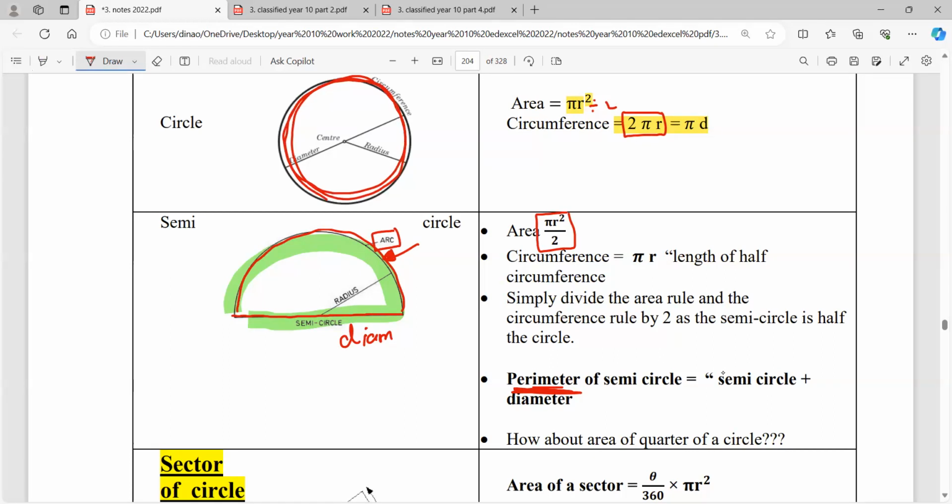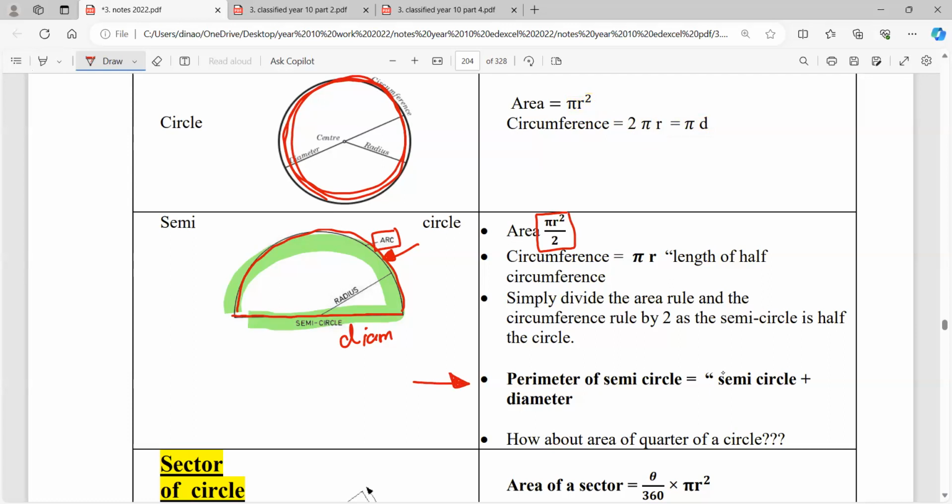Okay, what if I need half of it? So if I need half of it, I divide it by 2. Now what I want you to do is write the rule over here. Okay, so again, the semicircle is half a circle. And the concern for me for semicircles is the perimeter.